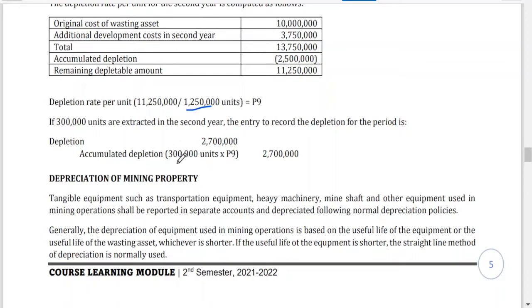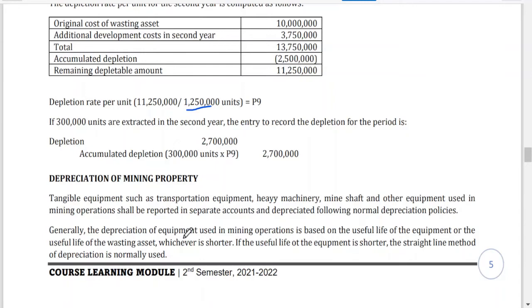So only the intangible development cost will be capitalized as part of the mineral resource, and the tangible equipments will be classified in a separate account and will be depreciated like the PPE.